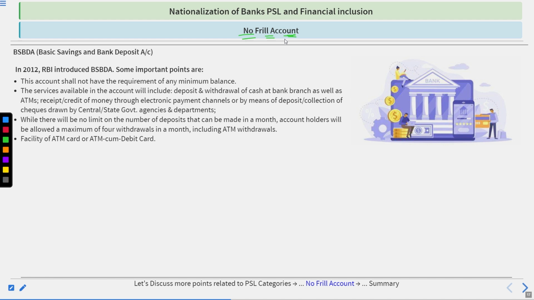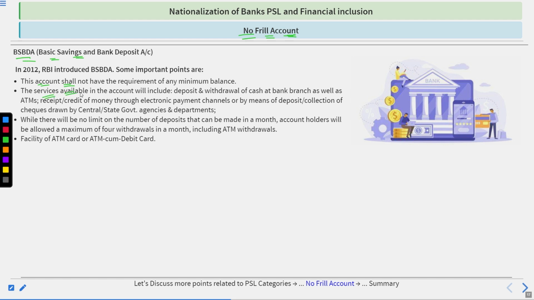If the balance is below this, then you will be charged some fees, right? A no frills account is actually a different type of account, like BSBDA. This account shall not have the requirement of any minimum balance, which means you are not required to maintain a sufficient amount in your account every time.